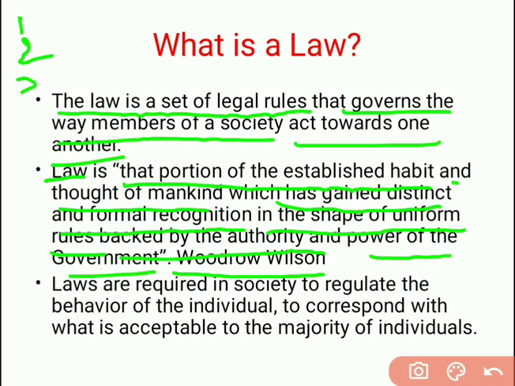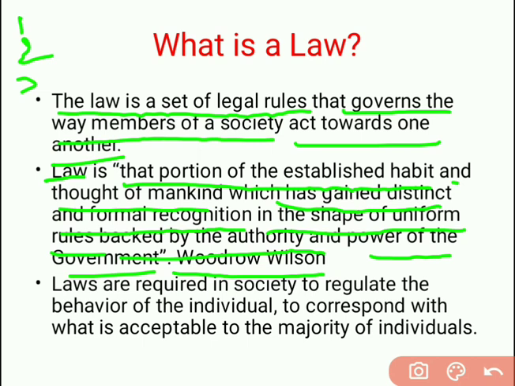So, it is a portion of established habit and thought of mankind, recognized by rules supported by the authority and power of the government. And laws are required for the society.